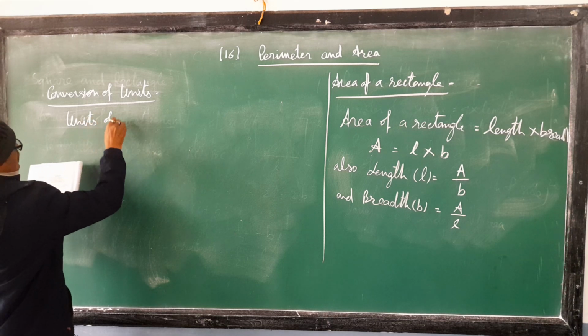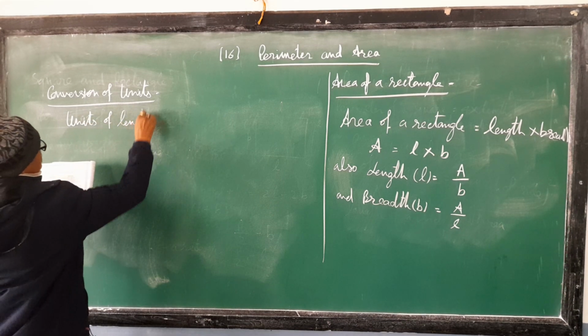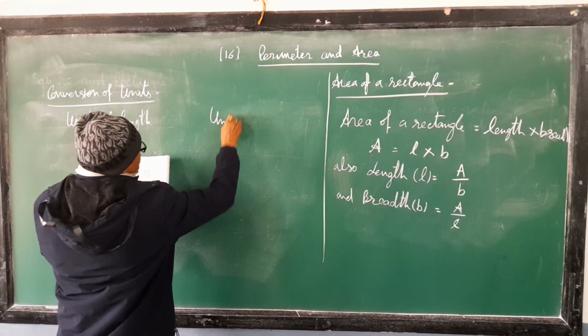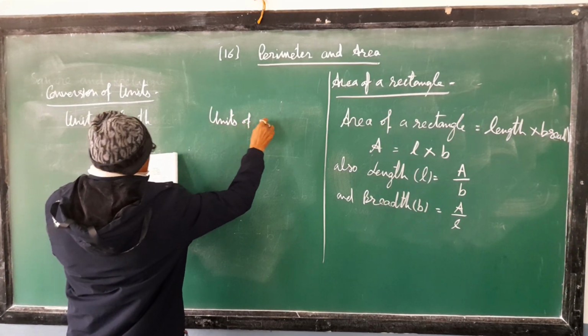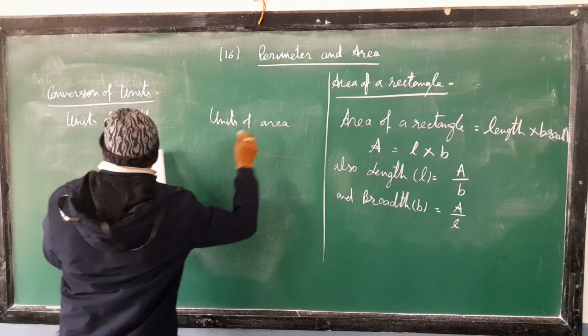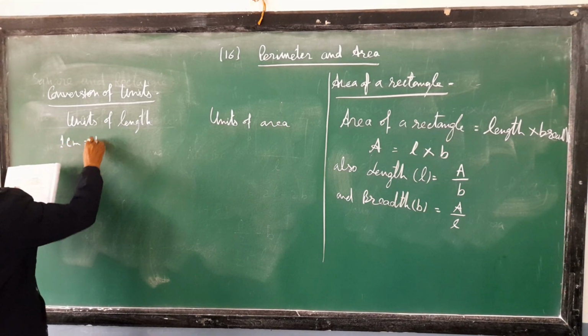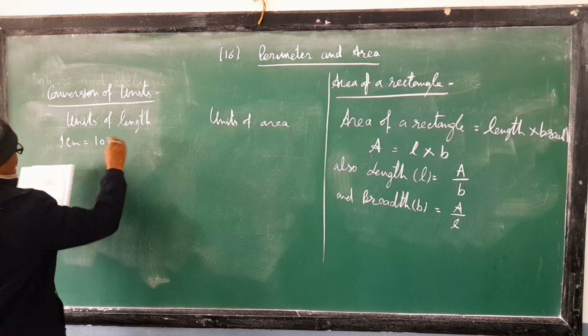Unit of length and here units of area. 1 centimeter is equal to 10 mm.